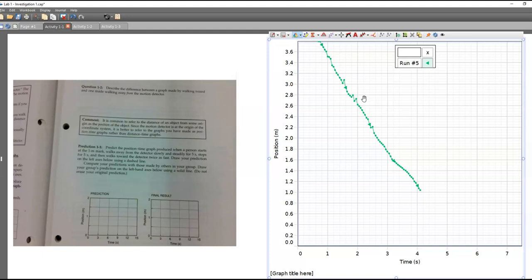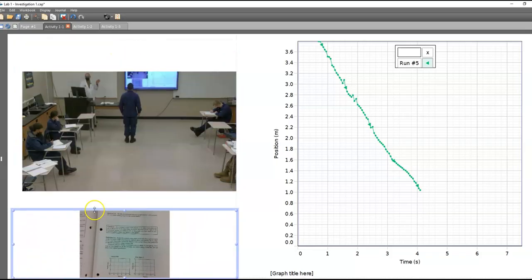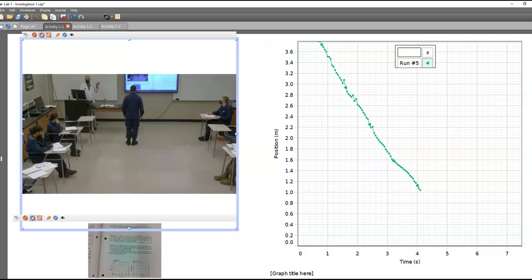Don't worry if you don't get it right the first time. That's the nice thing about the computer. We can redo the experiment. Let me go ahead so that everybody can see the actual motion.